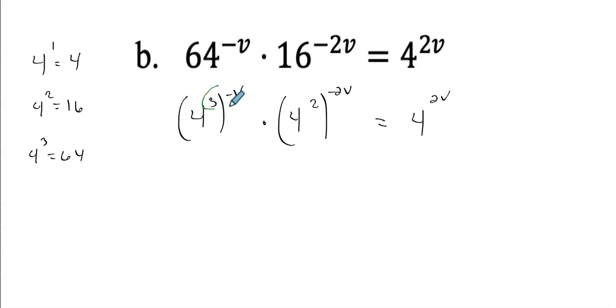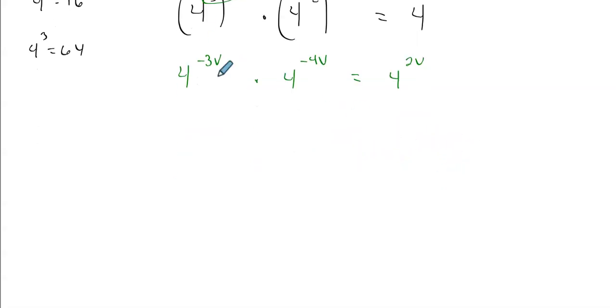So I'm going to multiply these two. So I get 4 to the negative 3v times 4 to the negative 4v equals 4 to the 2v power. All right, then drop all these. See you later. And you got negative 3v plus negative 4v equals 2v.